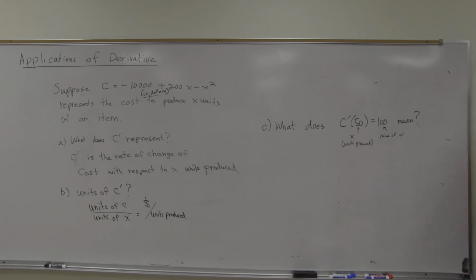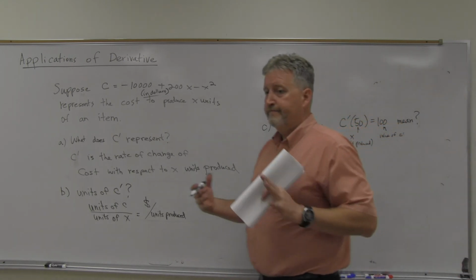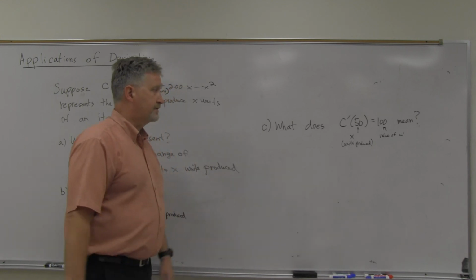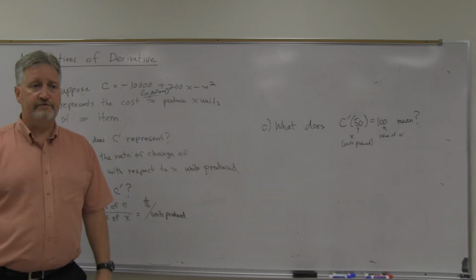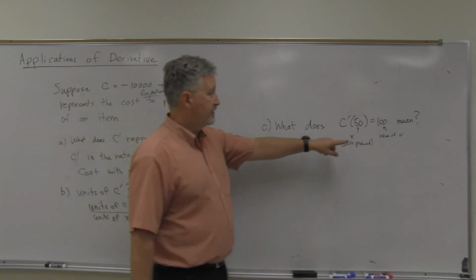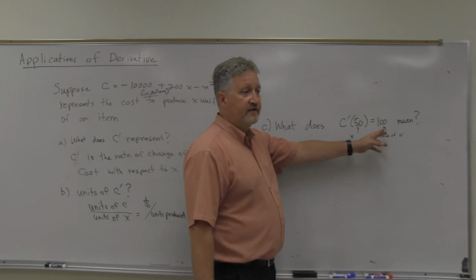Well, I haven't found here the cost of my units produced. That's not the cost of units produced. What does this 100 represent? It's a rate of change.